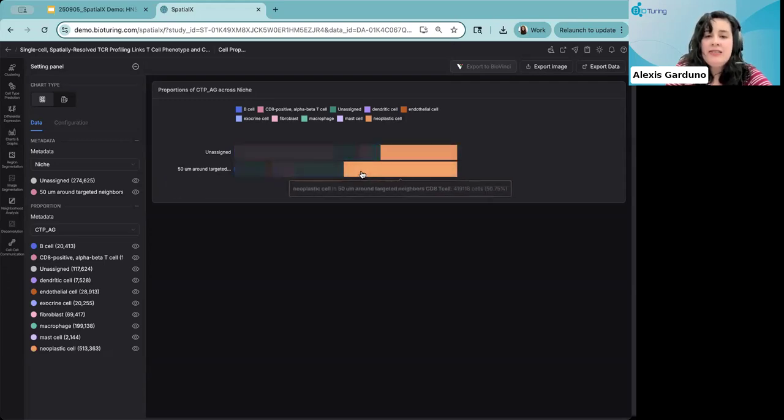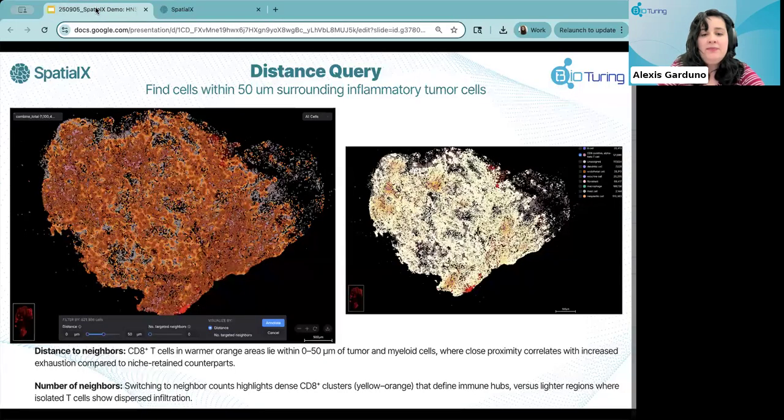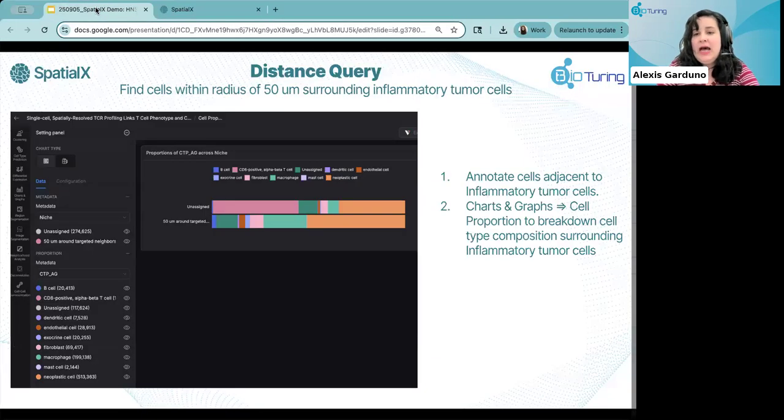So mainly, I can see that my CD8 exhausted T cells are neighboring within these neoplastic cells in the tumor. Okay. So that's what I really wanted to highlight: you can save the different distance queries that you're running in order to visualize them and look at the proportions of these different cells.